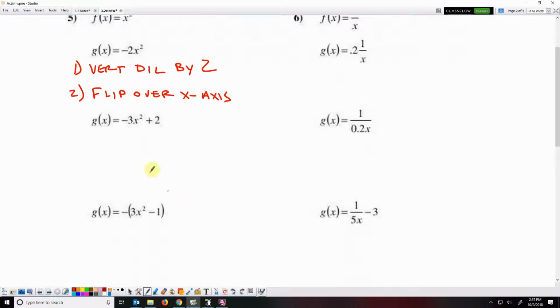Okay, so this time we've got negative 3x squared plus 2. Once again, there's nothing inside of that squaring. So we're going to do these two multiplications, working our way from the inside out, and then we'll worry about addition. So the first thing that happens is a vertical dilation by 3.